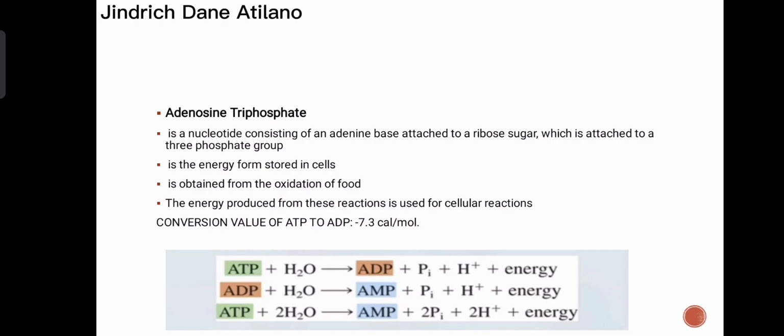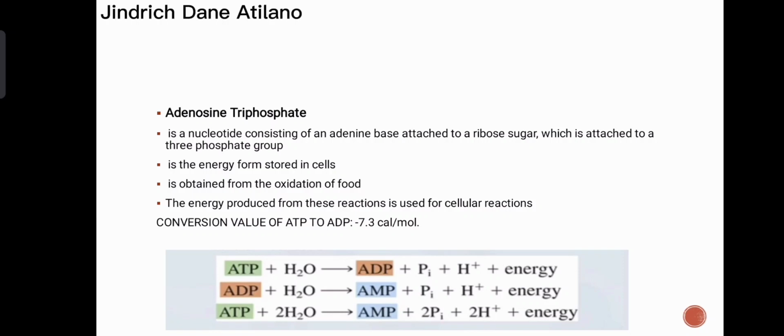Let's say when the cell has extra energy gained from breaking down food that has been consumed, it stores that energy by reattaching a free phosphate molecule to ADP, turning it back to ATP. For example, as humans we consume food, and that food stores energy.